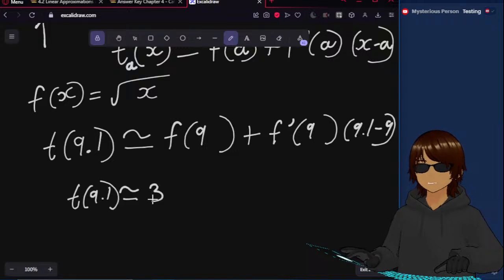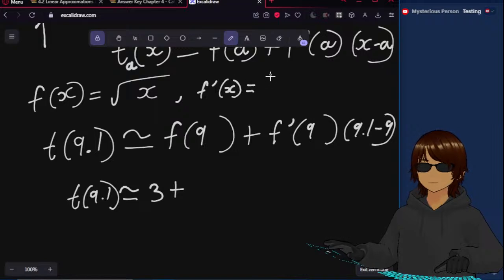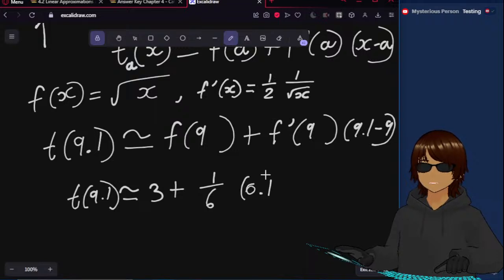So this is 3. The derivative is like that, I think. Then this would be 3, then 0.1.